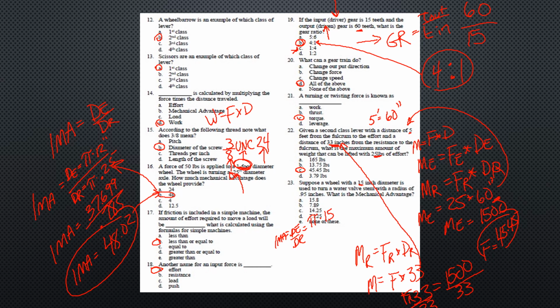So pi times 15 over pi times 0.95 times 2. In this one, this is radius, so you need to make sure that you make this number 0.95 multiplied by 2.